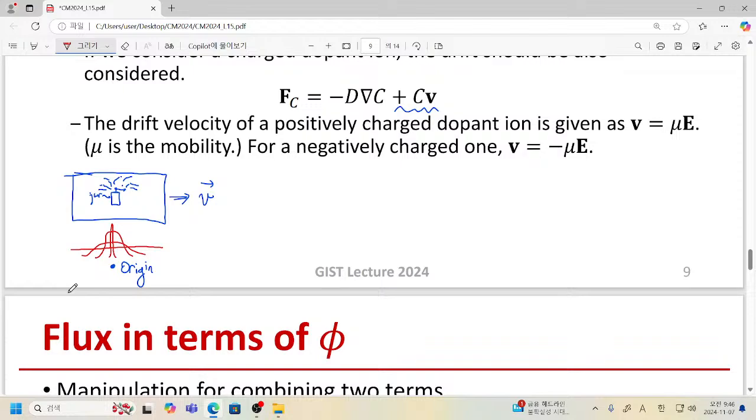However, if this container itself is moving, then what will happen? In this case, the center point of the perfume molecules is no longer centered at this point. There will be a certain change of their center point. Their average motion should be added.